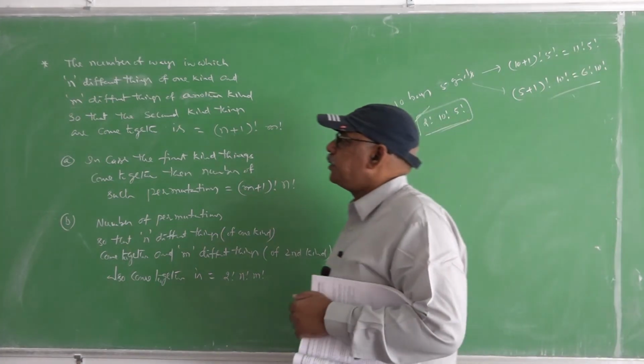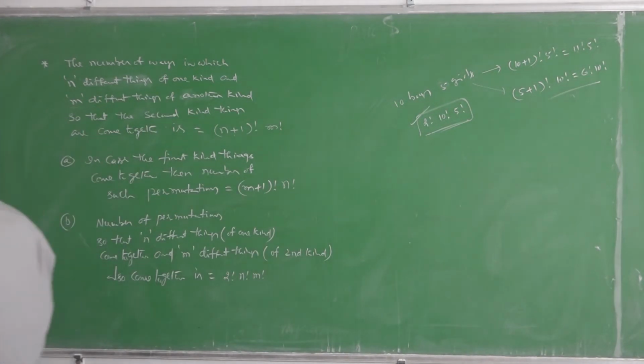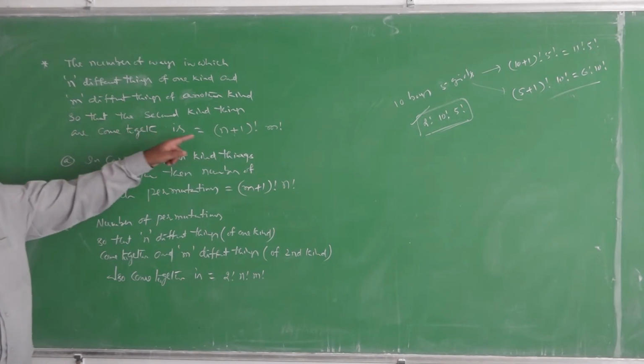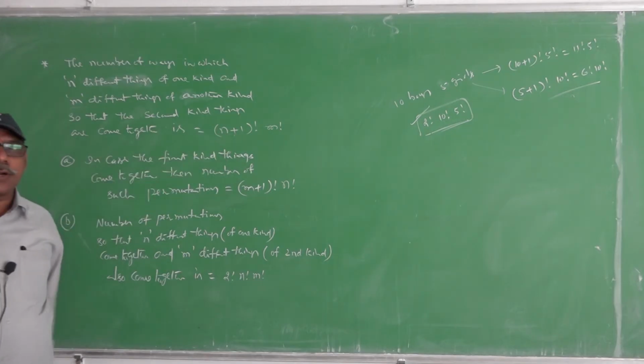Like that you can take the permutations, linear permutations. Linear in the sense arrangement in a row. So the number of linear permutations of n different things of one kind and m different things of another kind that can be made so that the second kind only come together is n plus 1 factorial into m factorial.